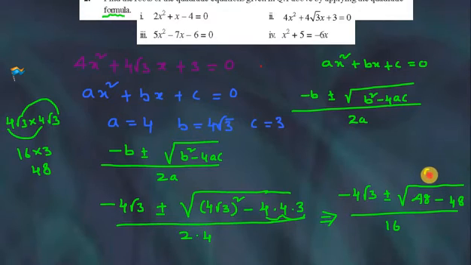So what is the final value you are getting? Minus 4 by root 3 by 16. So if we simplify this, you are getting it as minus root 3 by 4.